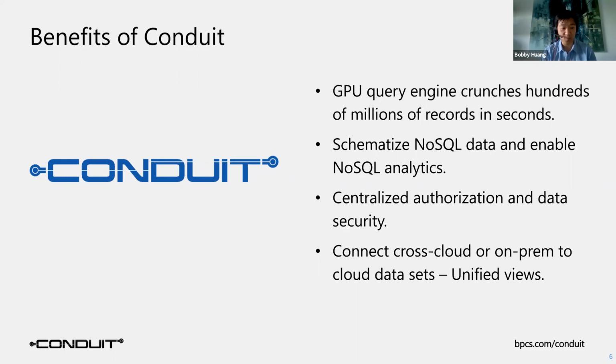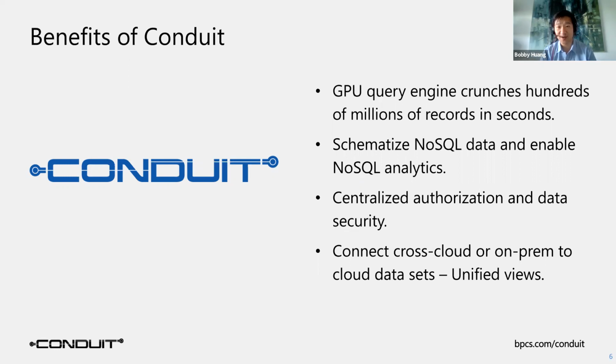So without getting super nerdy about how it chops up and sends queries out, because you leverage these two technologies, it figures out a way to run super complex queries as fast as we know how right now. So that's one thing that's unique about Conduit.